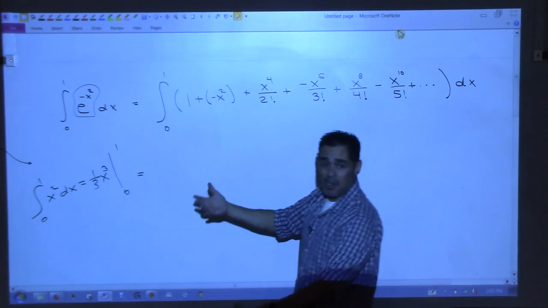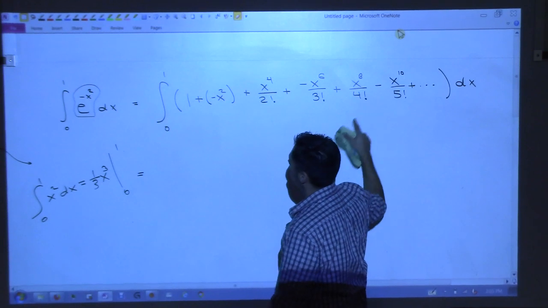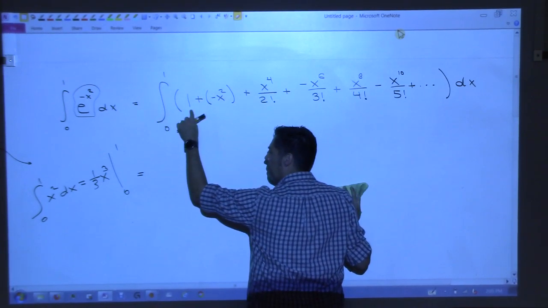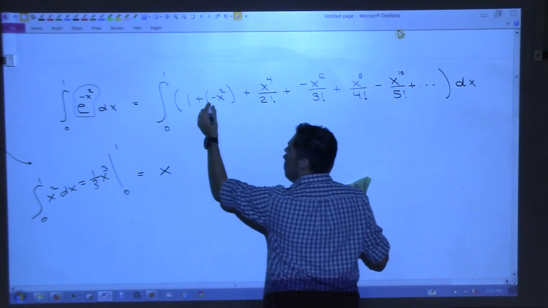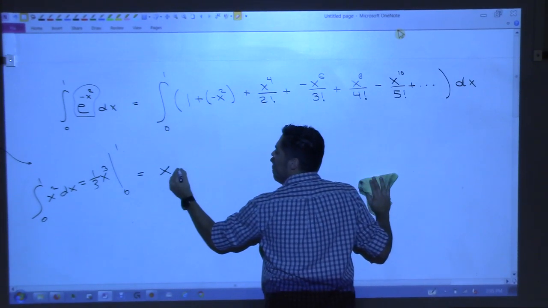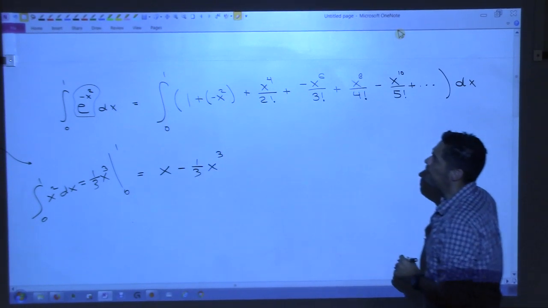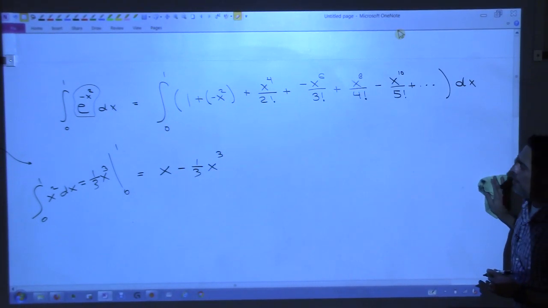So first thing we did was find the antiderivative. So what's the antiderivative of this? What's the antiderivative of 1? X, okay? Now this one's a little harder. Be careful here. What's the antiderivative? Negative 1/3 x cubed, right? What about the next one?